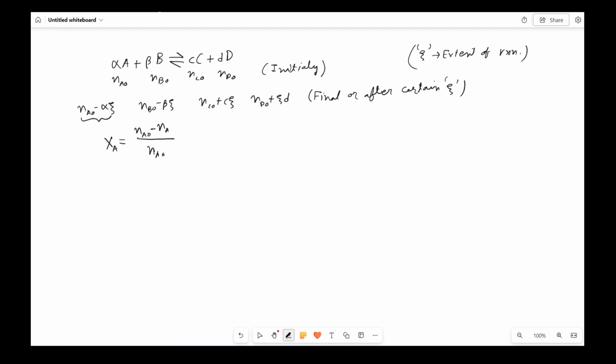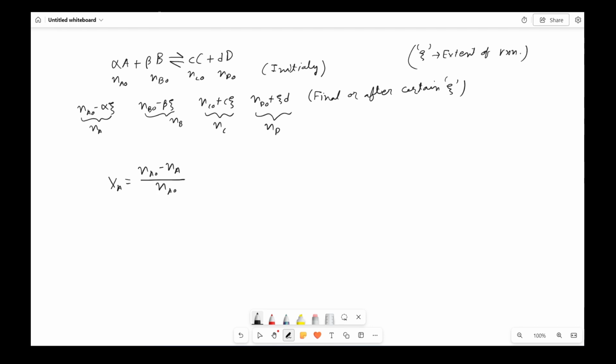This value is Na, this is Nb, this is Nc, this is Nd. Now to write the conversion of A, we write how many moles are consumed divided by initial moles. We can see this much amount is consumed, so we can directly write alpha epsilon divided by Na naught.